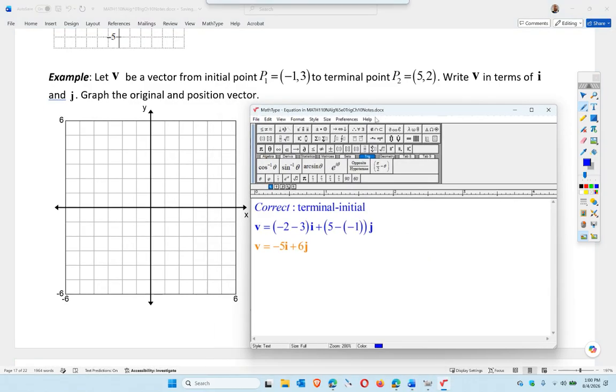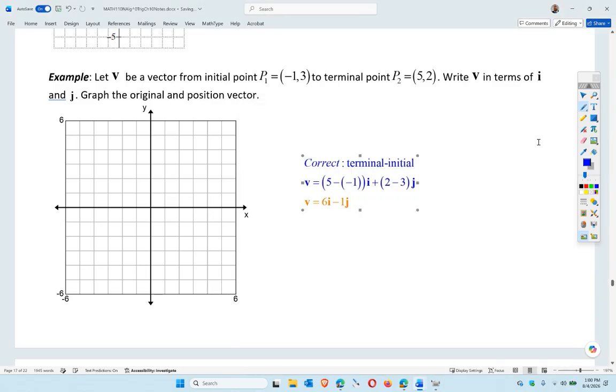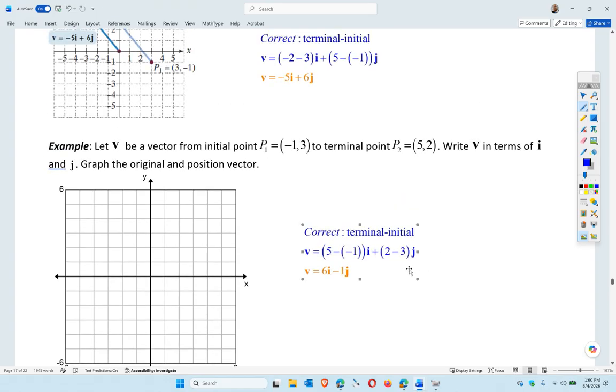If I do this correctly and I do terminal minus initial, this is going to be 5 minus -1 and 2 minus 3. So that gives us 6, and -1. You probably don't need to write the 1, but either way it works out.